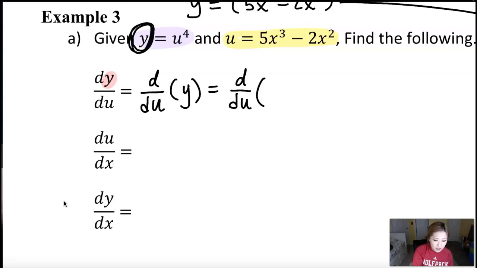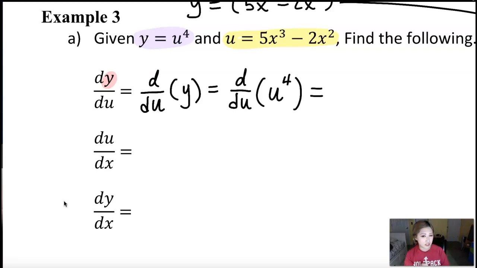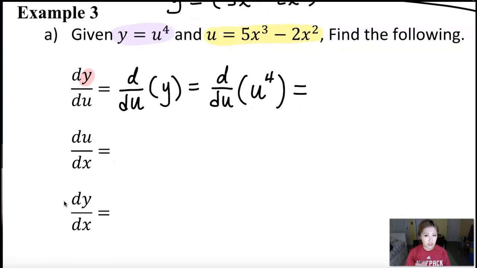What's y? y is u to the fourth power. So put that in here, u to the fourth power. And they're asking us to find the derivative of this with respect to u. And that's super easy, isn't it? Let's use the power rule. It's going to be 4u to the third power. That's how we find dy du.